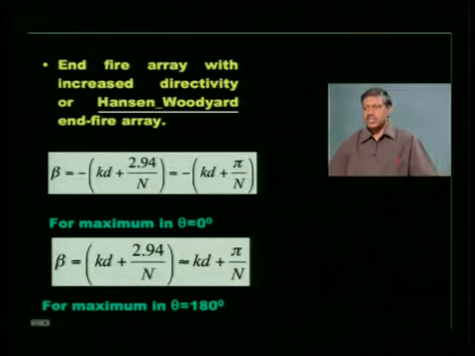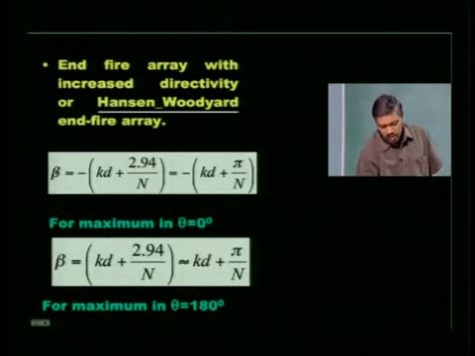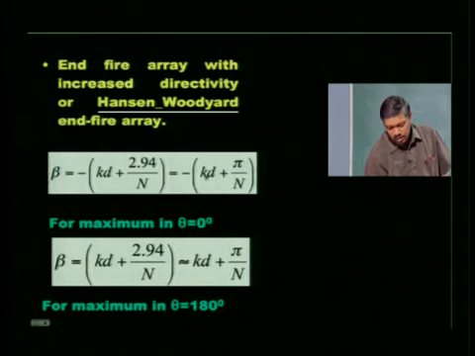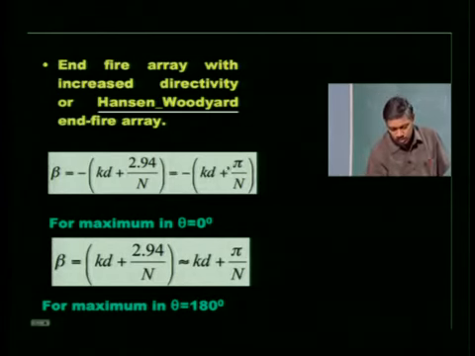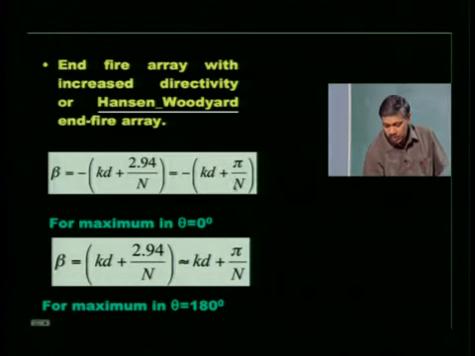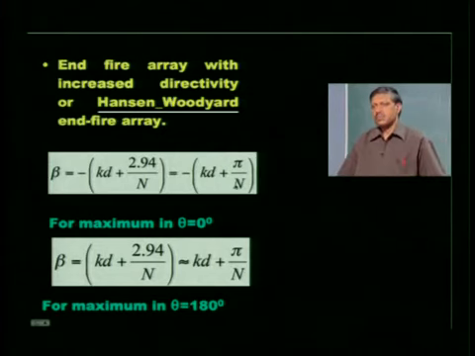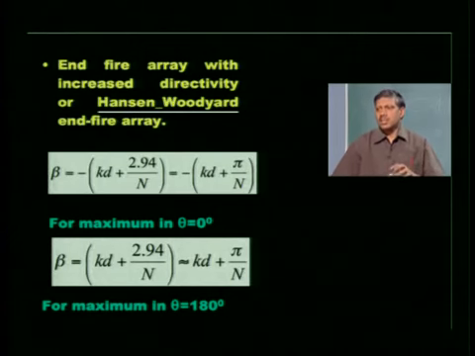So, to increase the directivity of the ordinary endfire array, Hansen-Woodward suggested another condition, and this condition says that instead of taking beta equal to minus kd, take beta as minus kd plus pi by n, where n is the total number of elements present in the array. This was not found out theoretically, it was found out experimentally.